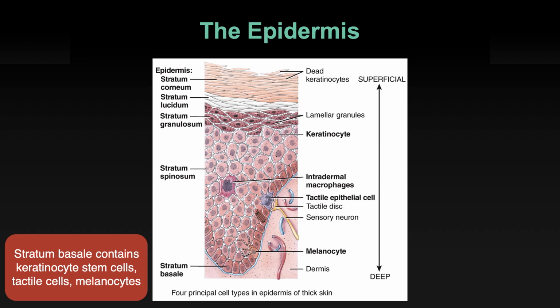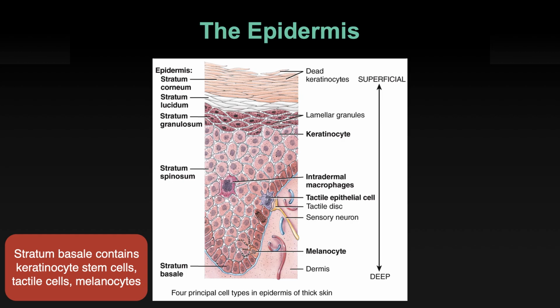And these are responsible for making all of the keratinocytes. All the other cells that are more superficial to these cells came from the stratum basale. It's full of stem cells that always make new keratinocytes.